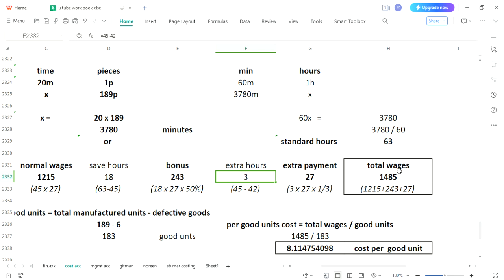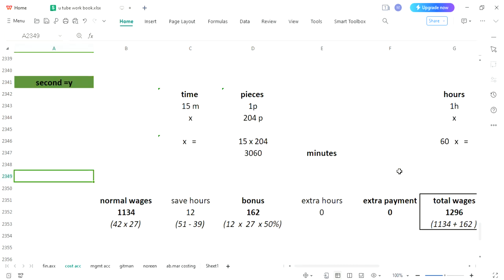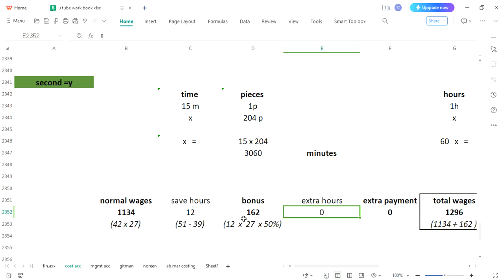In an absolutely similar way, you have calculated total wages for Y as well. As you know, we have copied these headings and every heading was similar. The only difference which we have made is no extra hours. Why? Because worker Y has completed his target even less than the targeted hours. Targeted hours were 49 and he had completed in 39 hours. No extra working, no extra hours were worked.